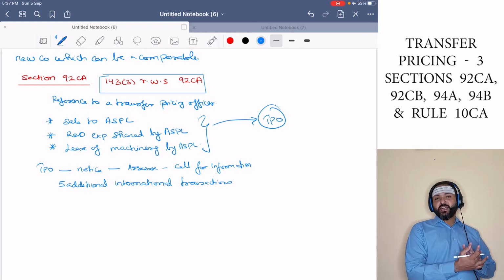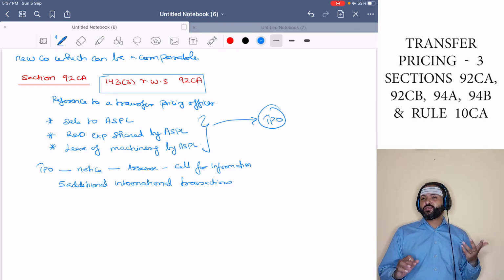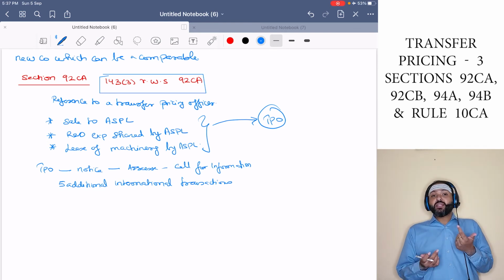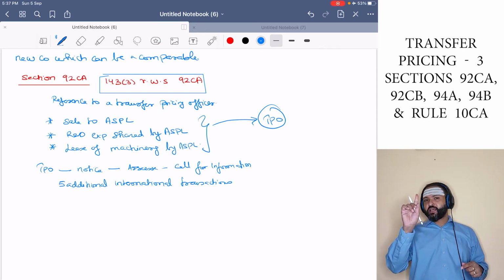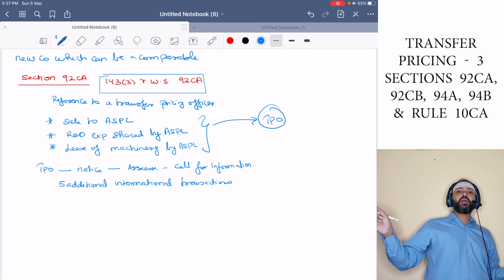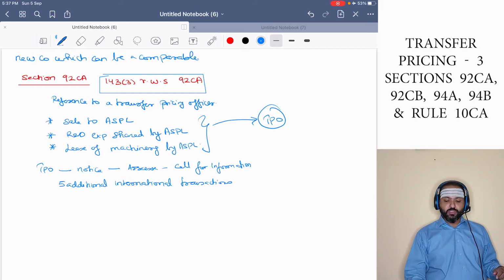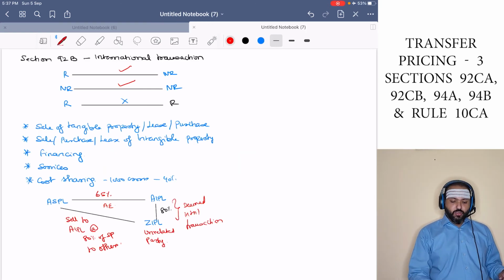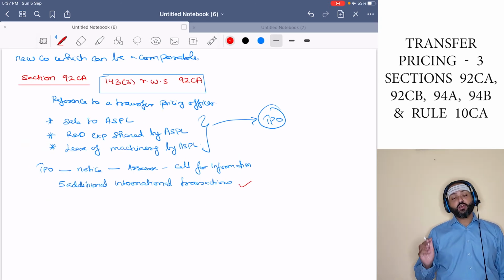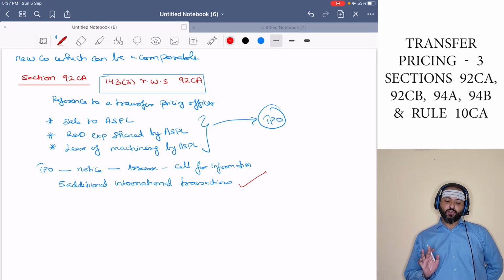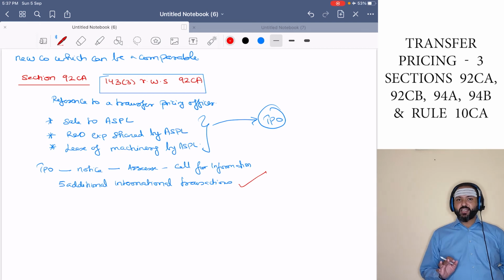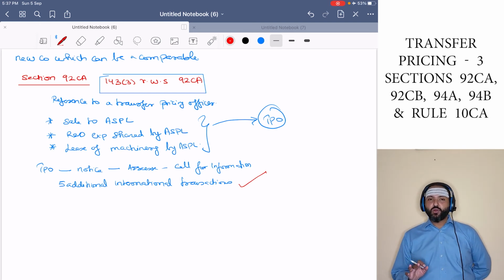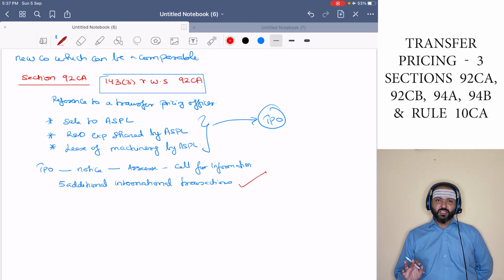On top of these 3 transactions, there are 5 transactions which the AO has not identified, but the transfer pricing officer has identified. Can he go ahead and determine the arm's length price for those transactions? Yes, he can go ahead and determine the arm's length price for those additional transactions.